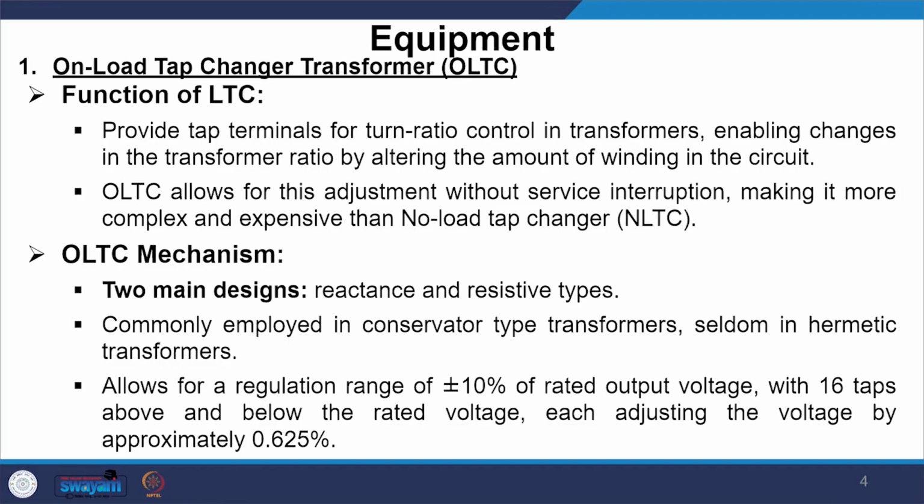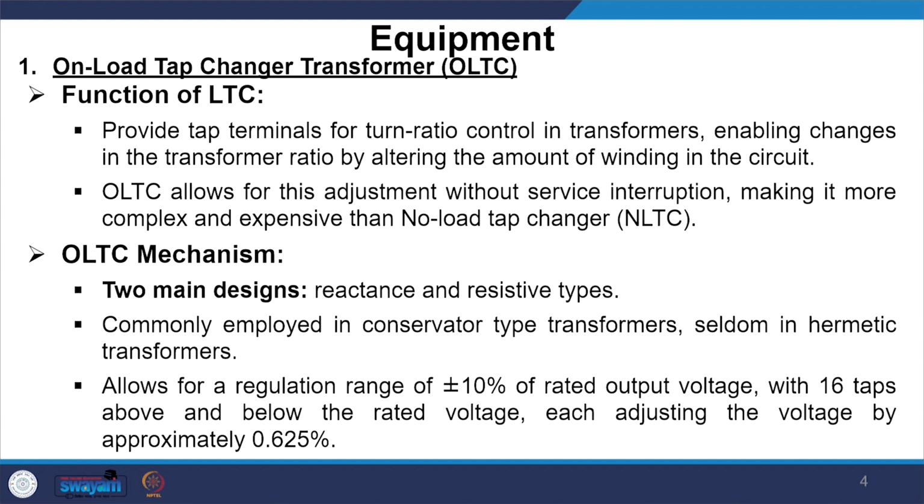They do experience a huge challenge even to switch on their tube lights. Now, let us focus on what is OLTC. The OLTC, which is the on-load tap changer transformer, provides tap terminals for turns ratio control within your transformer, enabling changes in the transformer ratio by altering the amount of winding in the circuit.